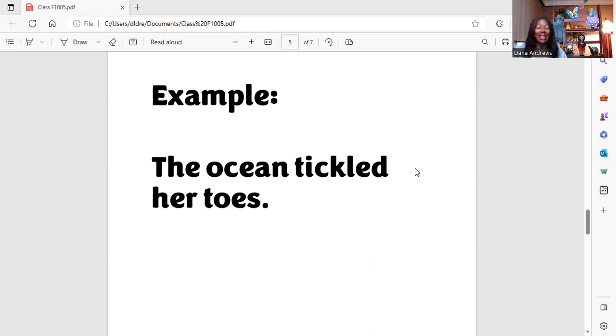Oh, wow. Now, the ocean would probably have to have something like fingers to tickle someone's toes. So basically, we are saying that the ocean has fingers and hands so it can tickle someone's toes. That's giving the ocean human-like qualities. And that is personification: giving human qualities to something that isn't human.